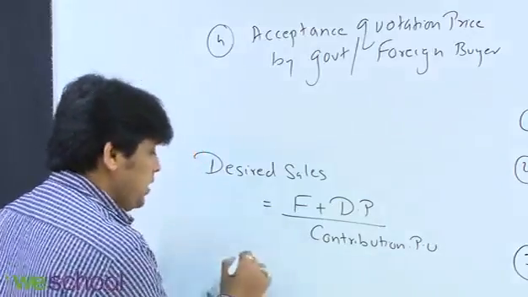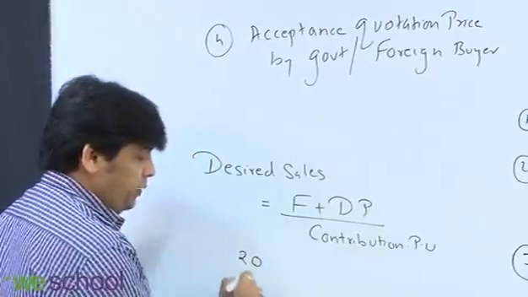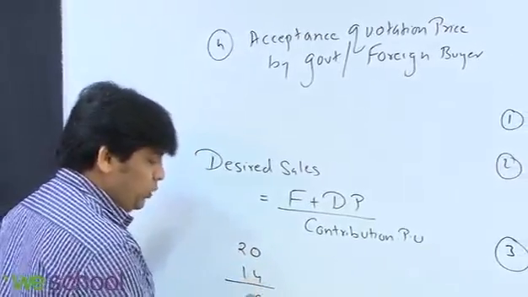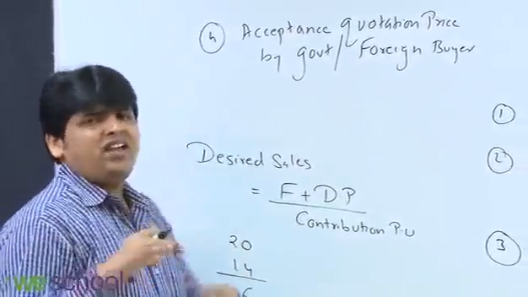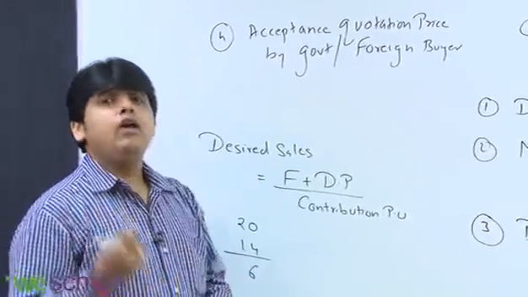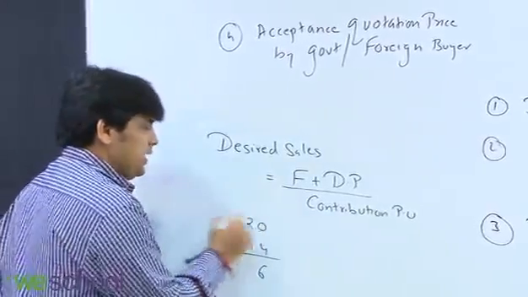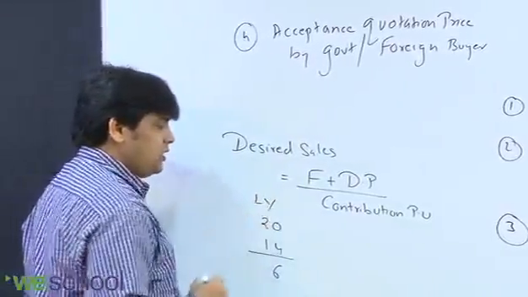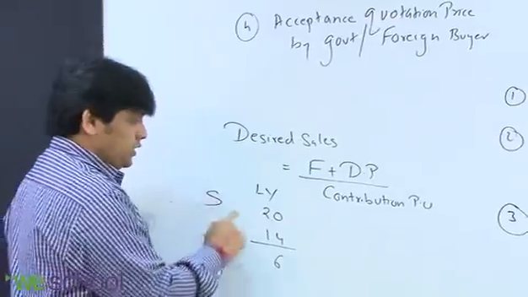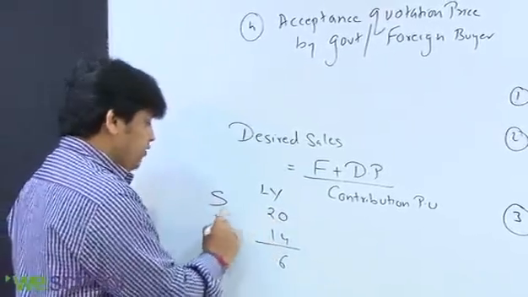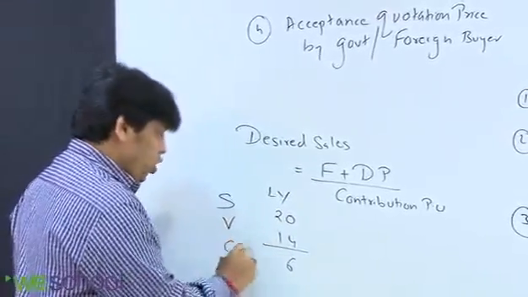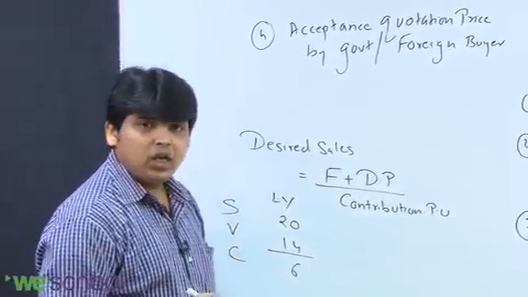Suppose last year my sale price was 20 and the variable cost was 14. So my contribution was 6. So last year I earned 50 crores profit. I'm just giving an example of last year. Sales price per unit is 20 and variable cost per unit is 14. Therefore contribution per unit is 6.